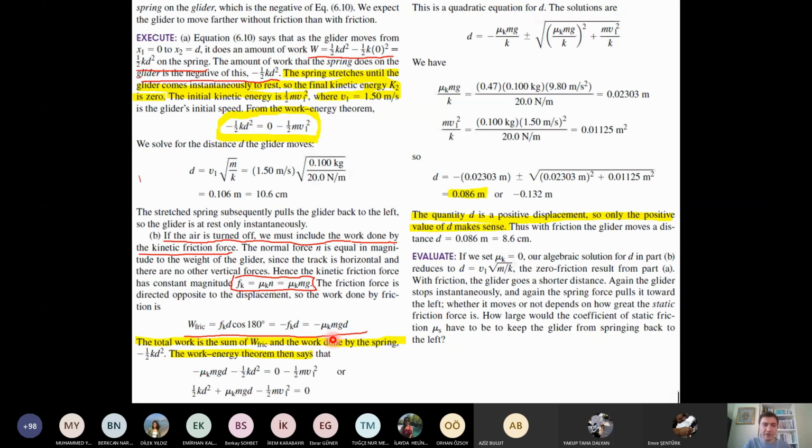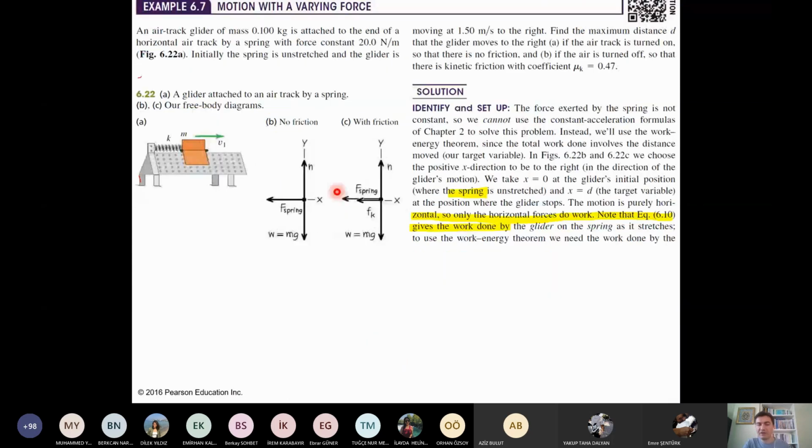So the total work is the sum of the work done by kinetic friction and the work done by the spring. So look at this one. When we have friction, we have two forces to the left side. One is F spring, the other one is the kinetic friction force. And we have displacement to the right side.